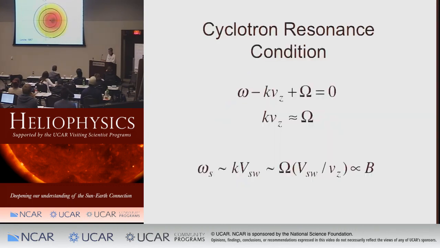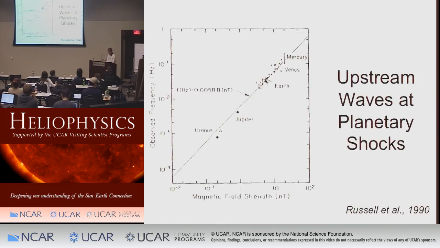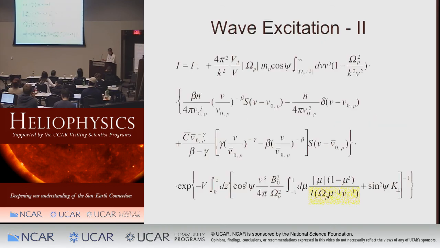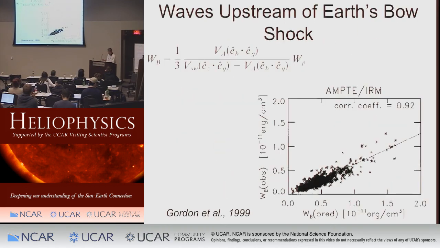I should say there's a wave excitation process here. I mentioned it, that Bell, in his paper on diffusive shock acceleration, spelled that out. And so it turns out that the accelerating particles, similar to the pickup ions, when they scatter in that upstream region, can lose energy and give it over to some of the waves.